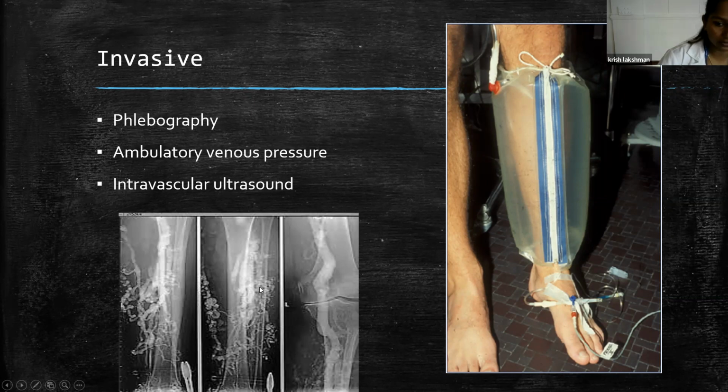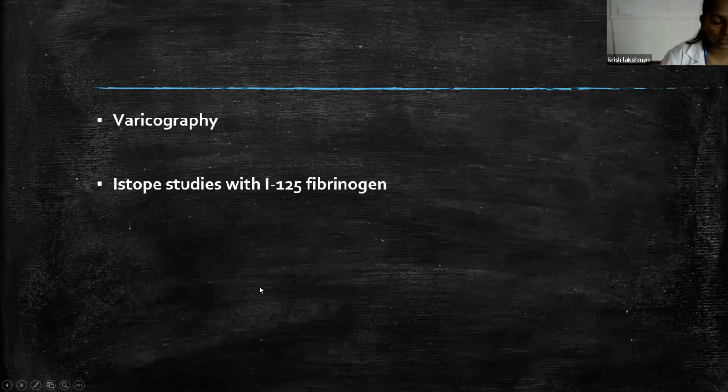This is phlebography, and a few other tests for DVT are isotope studies with iodine 125 fibrinogen, and varicography, specifically injecting dye into the varicose veins.